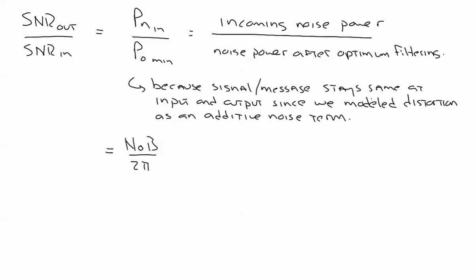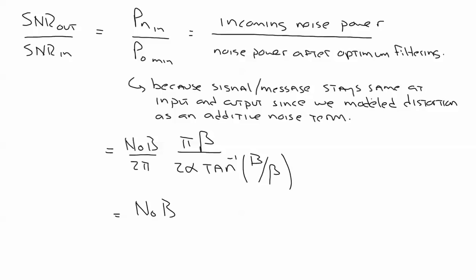And 1 over the output noise power is pi beta over 2 alpha arctangent of B over beta, and this is just N naught B times beta over 4 alpha arctangent of B over beta.